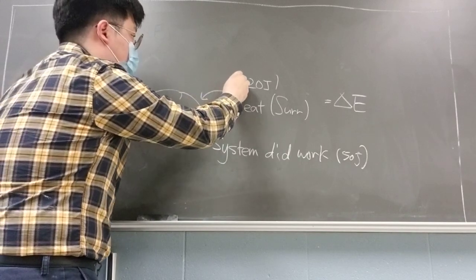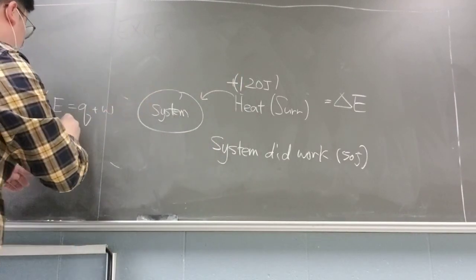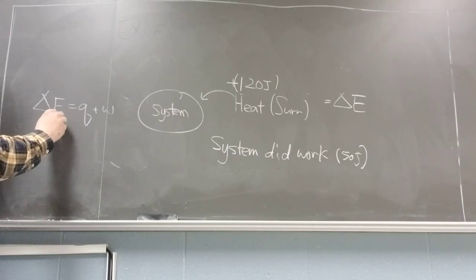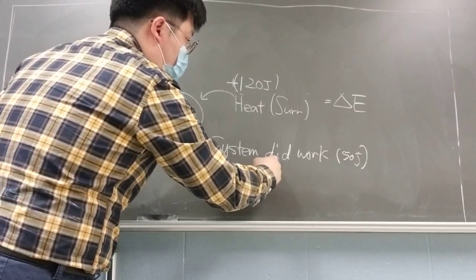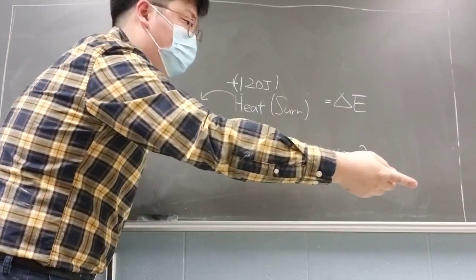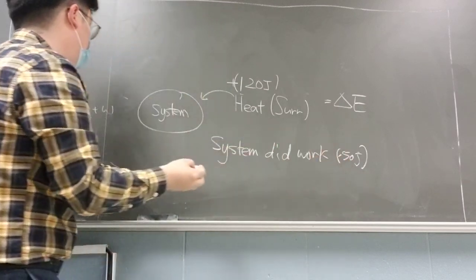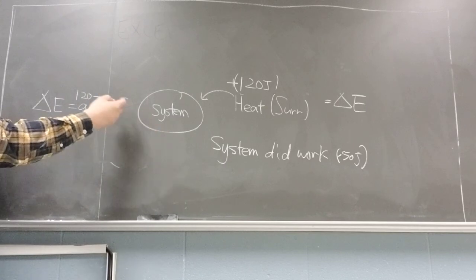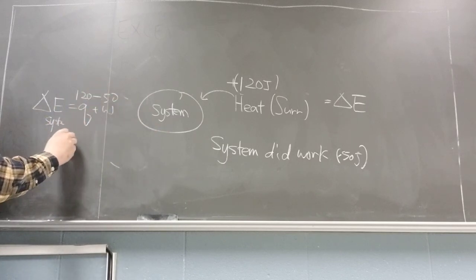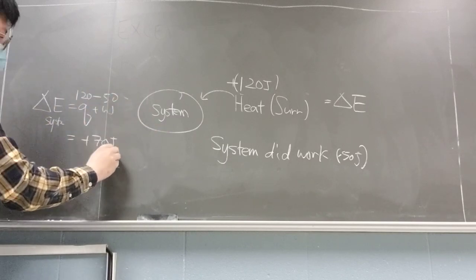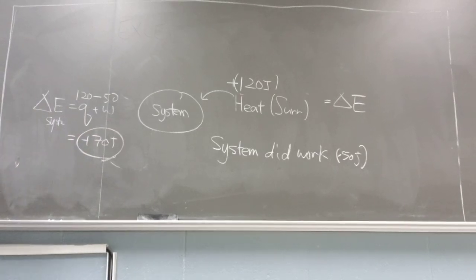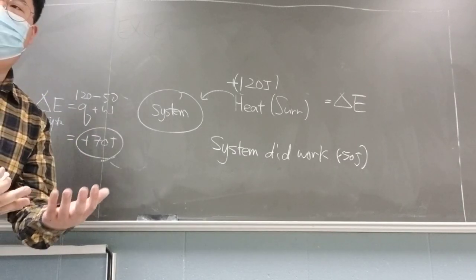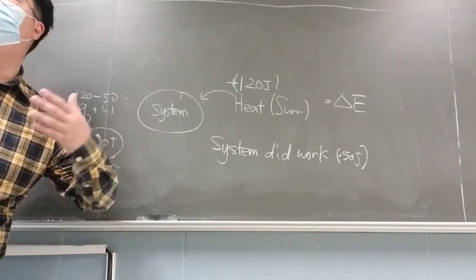Plus, perfect, because it's going into the system. So system-wise, it will be plus. But the system is now doing work, so it will be negative, perfect. So it will be 120 plus, but it's a negative, so minus 50. That will be plus 70. So in this case, the system gained 70 joule amount of energy in total.